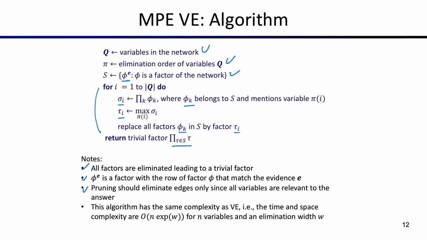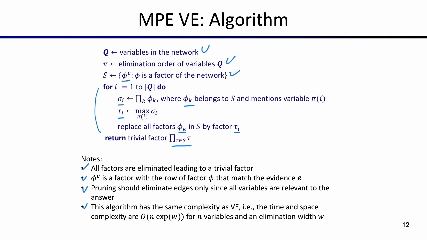If we are doing pruning, we can only do edge pruning because we cannot eliminate any variables here. All variables are important to the answer. Remember that Q will have all the variables in the network, so we cannot prune any of them. And the complexity of this algorithm is the same as variable elimination, so it's basically the same algorithm, with just one small modification: we are changing the summation operation to a maximization operation.